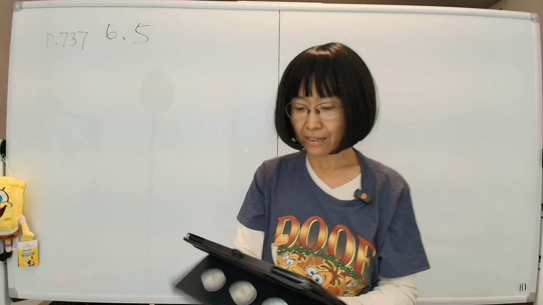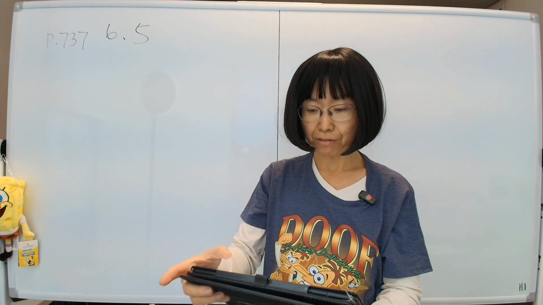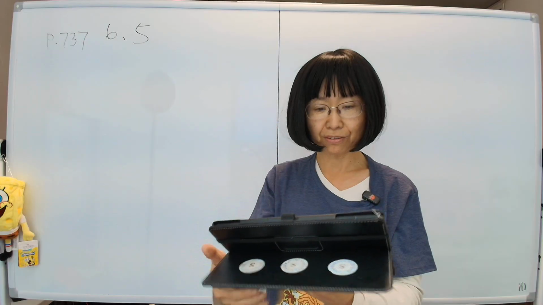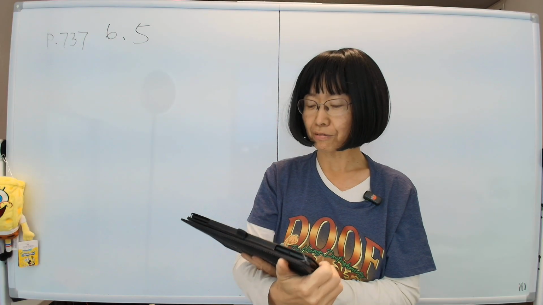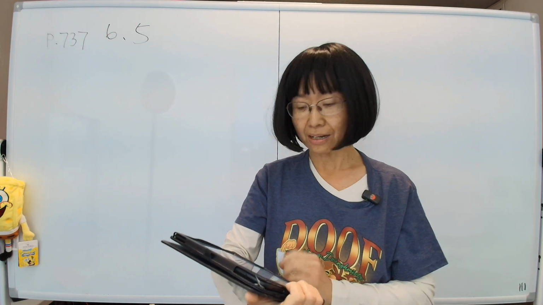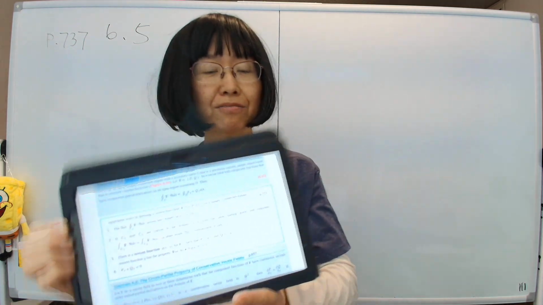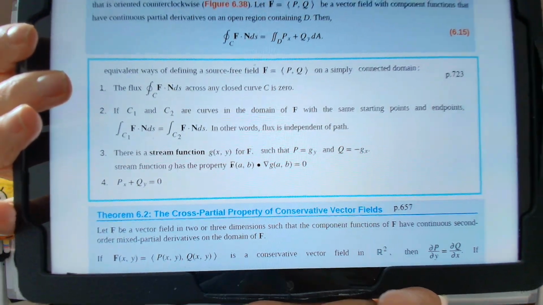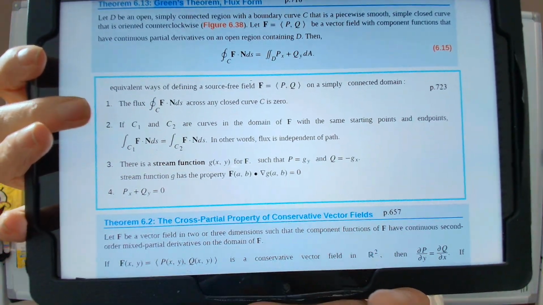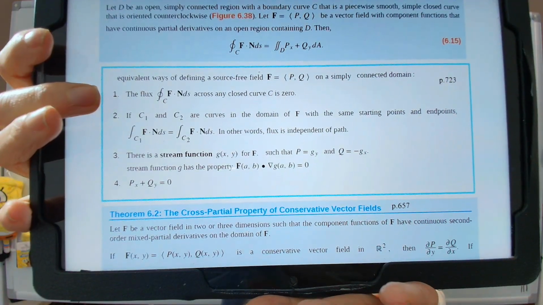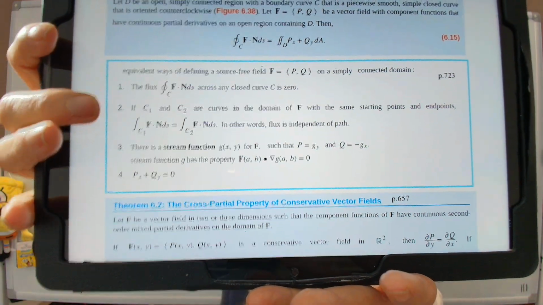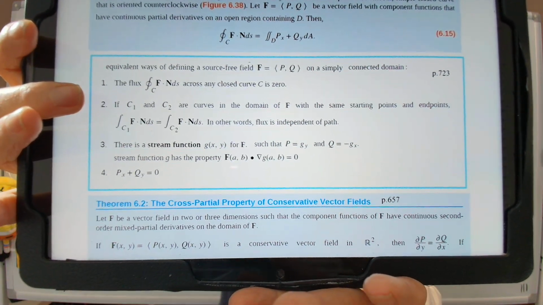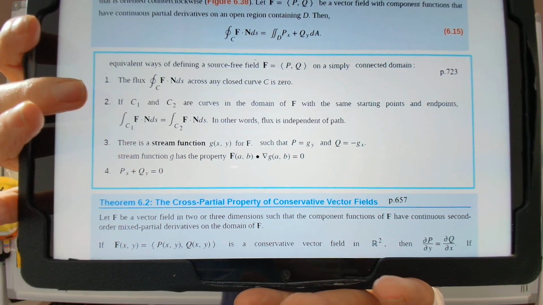All right, so next we go to some other page a bit later where we talk about what a source-free field is. That's quite a recent concept, but we're going to go over it anyway because there are several conditions and it might be hard to remember. For a source-free field, the flux across any closed curve is 0, which means the flux is independent of path.